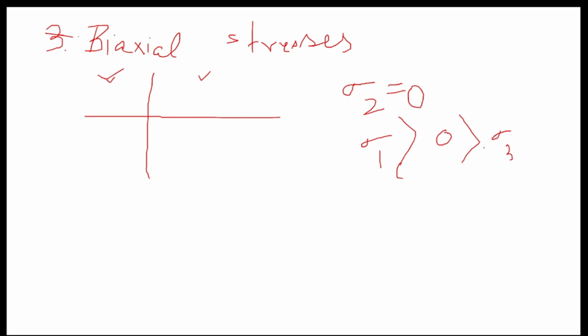As earlier, assume this to be plus 1, this is minus 1. Sigma 1 is greater than 0, suppose this is sigma 1, and sigma 3 is less than 0, somewhere here, and sigma 2 is 0. So for the positive compressional side the circle will be here, and for the negative one the circle will be here.